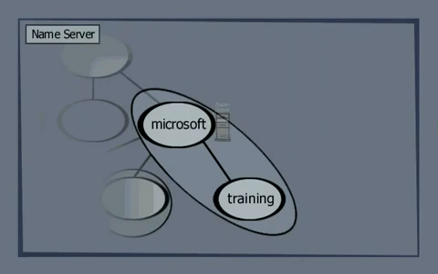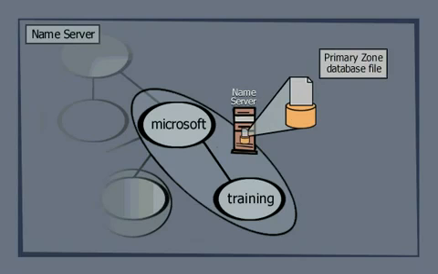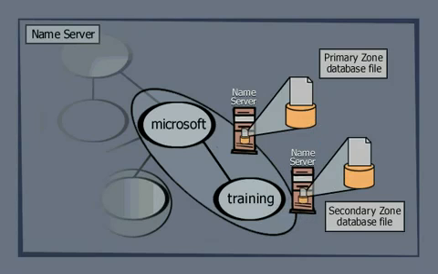One name server holds the primary zone database file for a zone. That name server is said to have authority for making changes to the zone file. A copy of the zone file may be stored on other servers to balance network load. These copies are referred to as secondary zone database files.